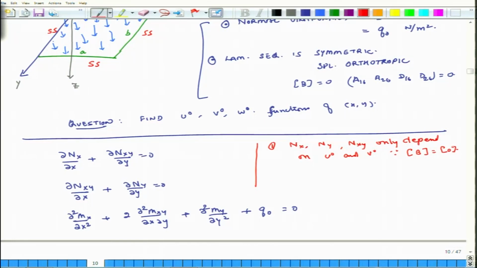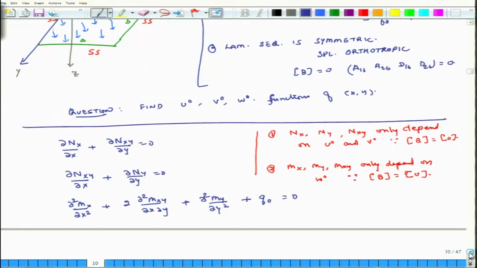Second, Mx, My, Mxy only depend on W naught, because the B matrix is 0. So, the solution of the third equation does not influence the solution of the first two equations, and the solution of the first two equations does not influence the solution of the third equation, because the B matrix is 0.